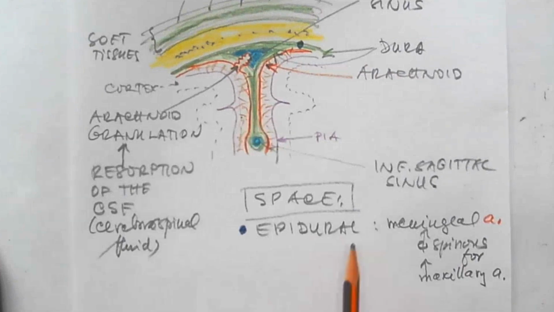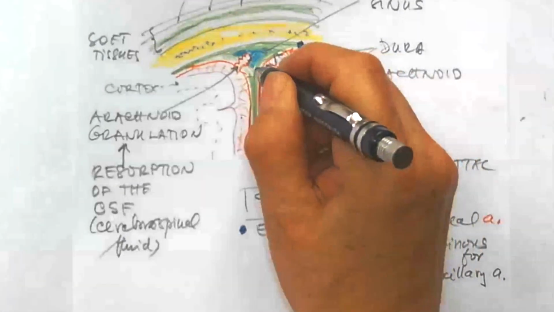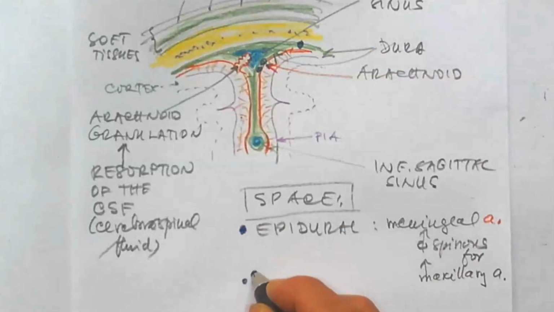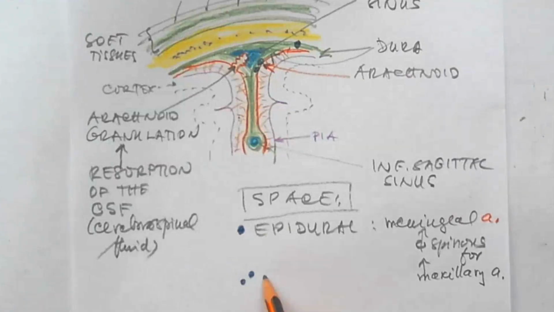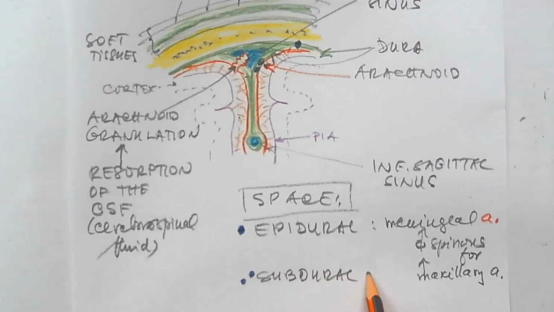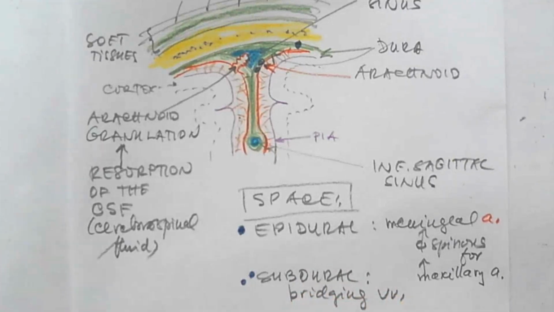The second space using two dots is called subdural. Two dots, subdural space. Subdural space contains the bridging veins. I will draw also in the diagram the bridging veins.